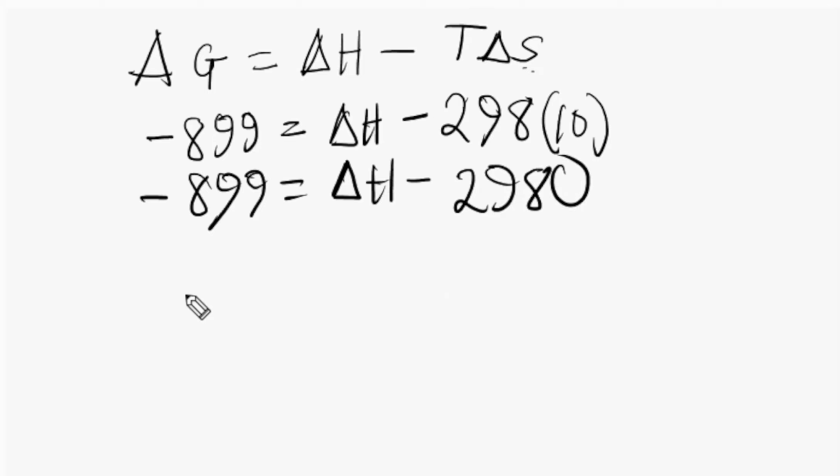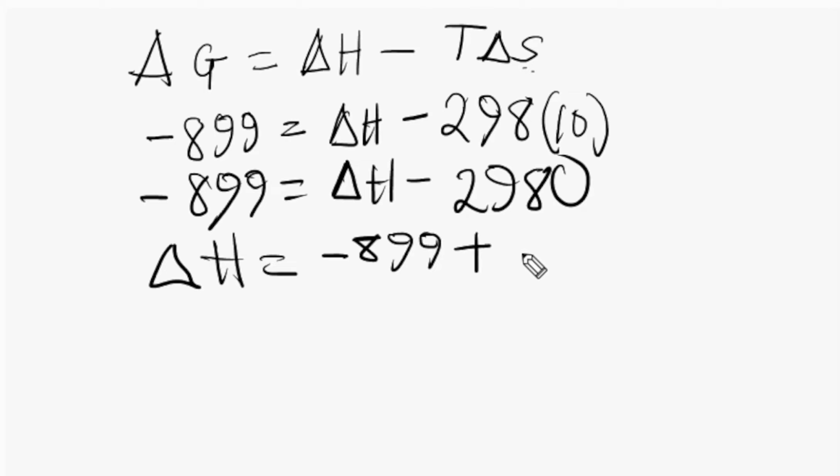In order to make delta H the subject of this equation, we're going to have delta H to be negative 899 plus 2980.